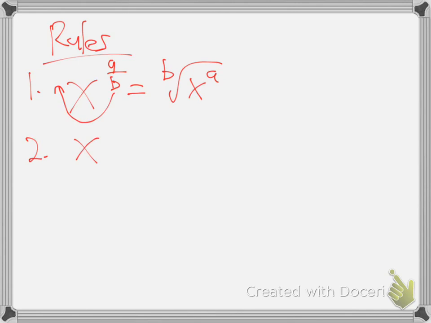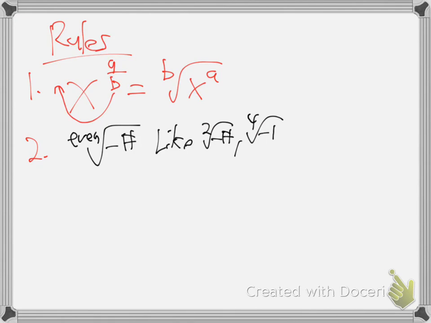And we've seen that even, can't do the even. The even root of a negative number, like the 2 root of a negative number or the 4 root of a negative number, is not real.